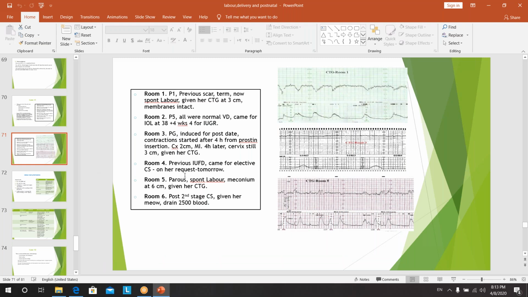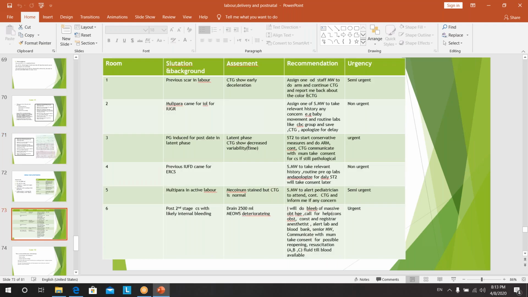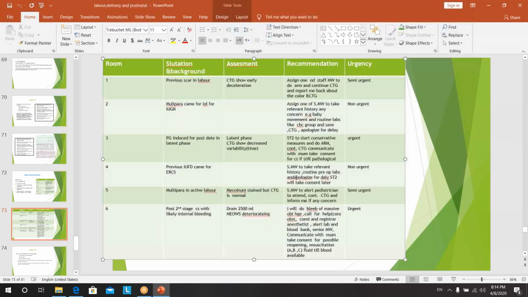Regarding room 4, this is a previous LSCS patient who came for elective cesarean section on her request. As you see, this is not an urgent case at all. So I will send the staff midwife to take relevant history and the routine perioperative labs and apologize to the patient for the delay. The ST2 will come later to take the consent.